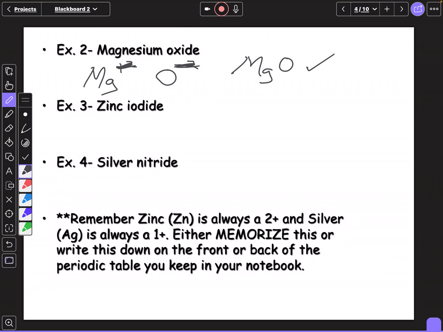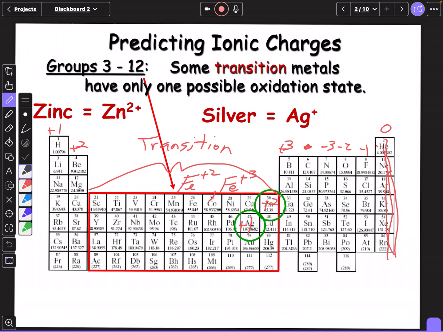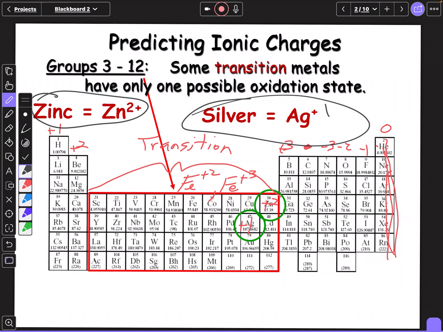Next, for zinc iodide, now I told you, going back, write this down on the back of your periodic table. Zinc is always a +2. Silver is always a +1. Pause this video and write these down on your periodic table.